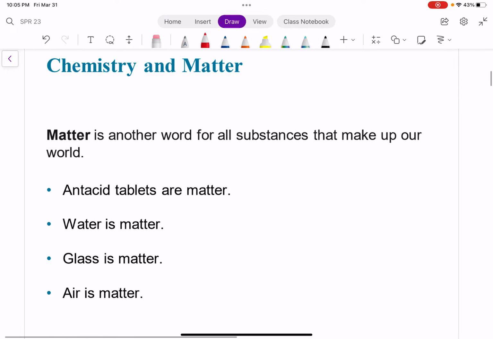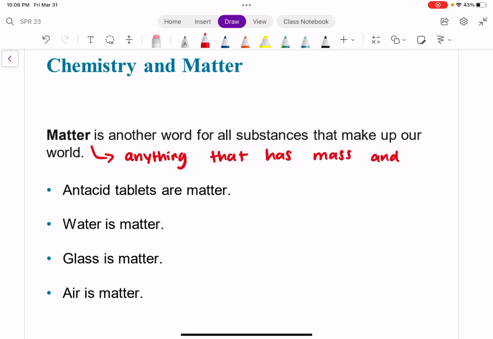So chemistry and matter. Matter is another word for all substances that make up our world. Another way you could think of this, or another definition I've heard, is anything that has mass and takes up space.